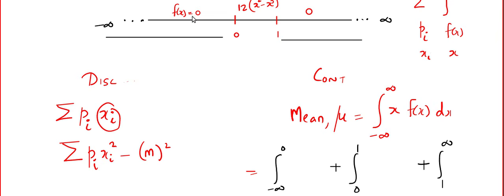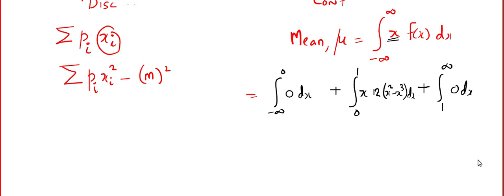The function value is 0 in the outer pieces, and 0 multiplied by something is 0. Here we have x multiplied by 12 into x square minus x cube dx, and again 0 dx. That will be equal to, this is gone because these are zeros.